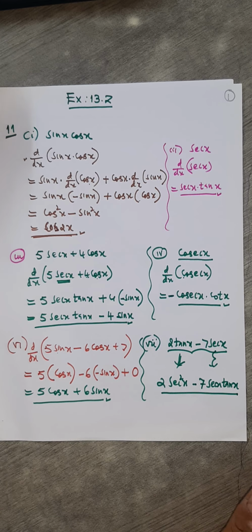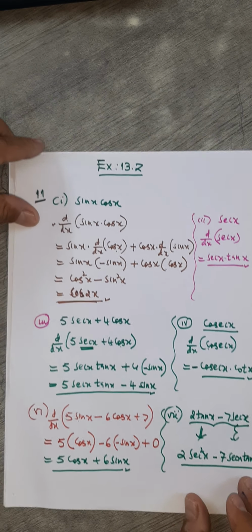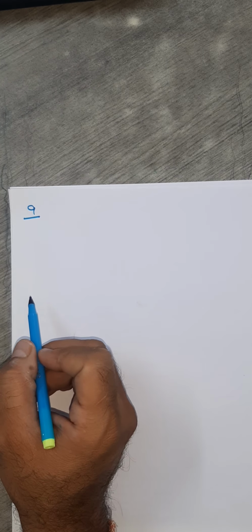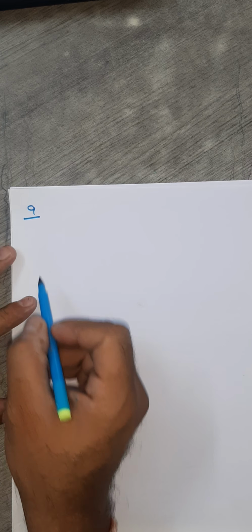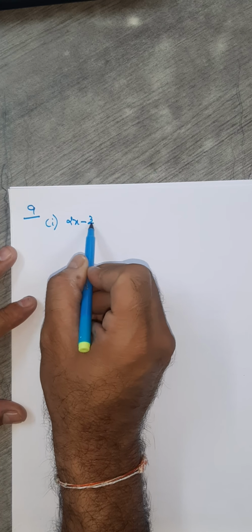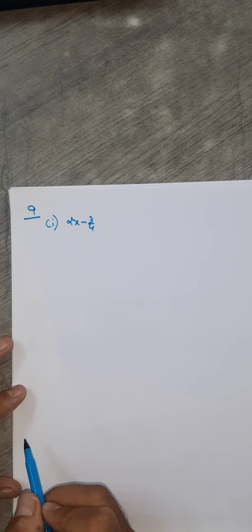Okay. Now we go to question number 9, which is again based on formulas and working rules. So 9th question. Question number 9, first one. So there the function is 2x minus 3 by 4. Read the question. What's the question?